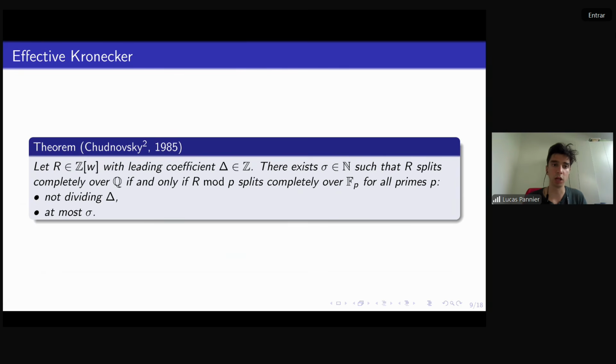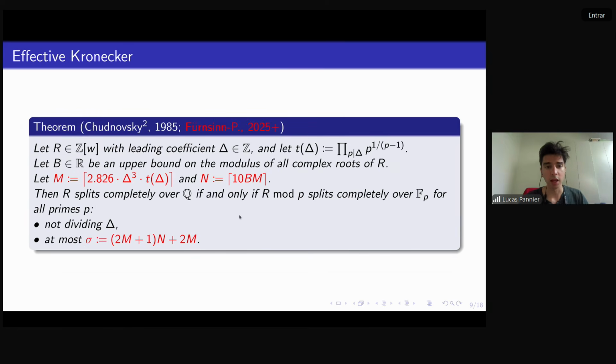So this is what we call an effective statement, because we only need to check finitely many conditions locally to conclude globally that R splits in Q, in Q, sorry. However, the Chudnovsky did not give a value for this sigma. And so this is our contribution with Florian Fürnsinn.